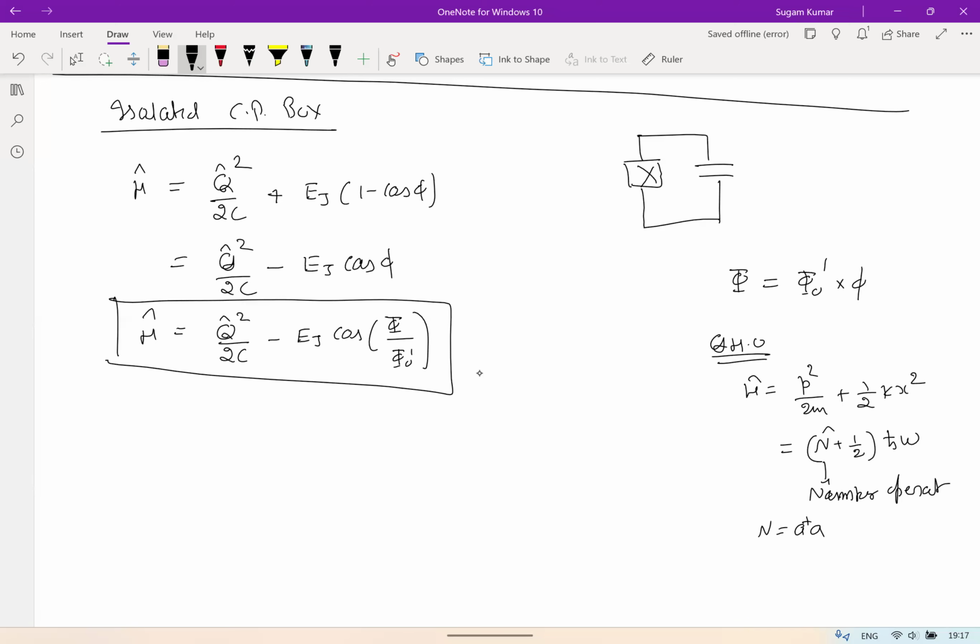In the case of a harmonic oscillator, you can see that this A is nothing but the square root of m omega upon twice h cut, times x plus iota p upon m omega.